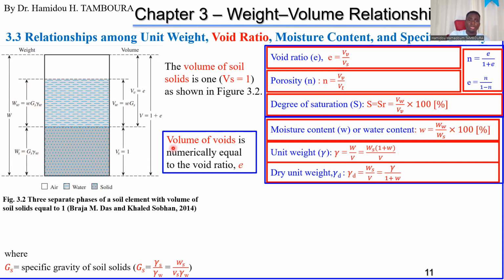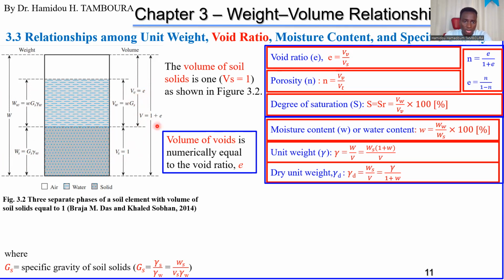So now let's go to the volumes. Of course, we have the volume of solid is 1, and by using this formula of void ratio, we have established that the volume of the void is equal to E, which is void ratio.